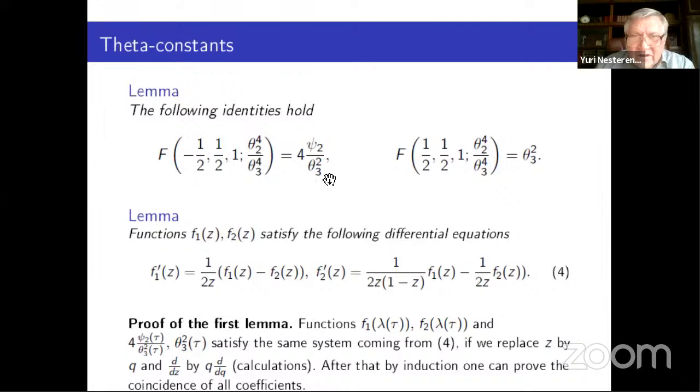So left and right functions. After that, by induction, we can prove that all coefficients in the left and right functions are the same. And for the second case, the coefficients coincide too. So these are easy calculations of derivatives and comparison of coefficients.